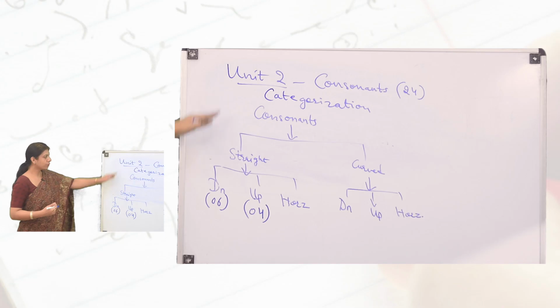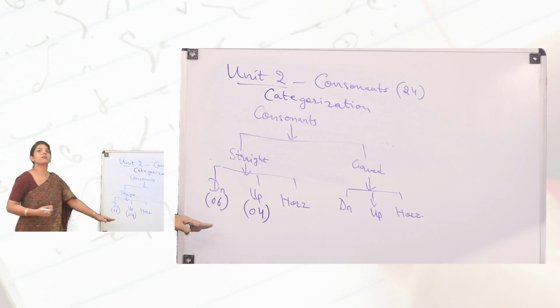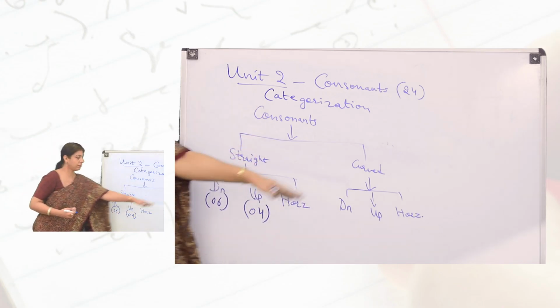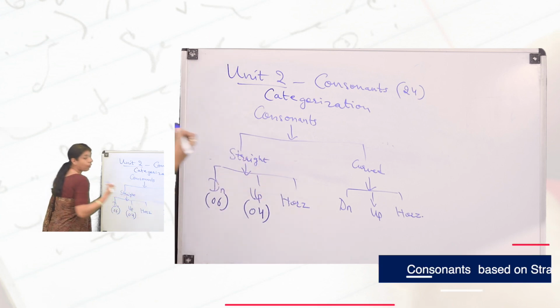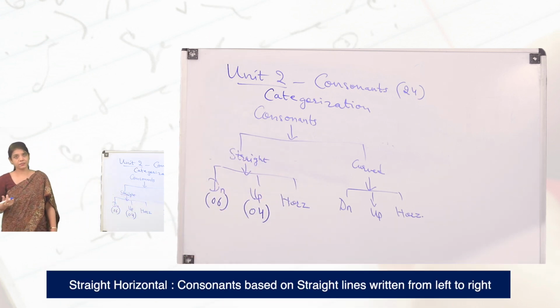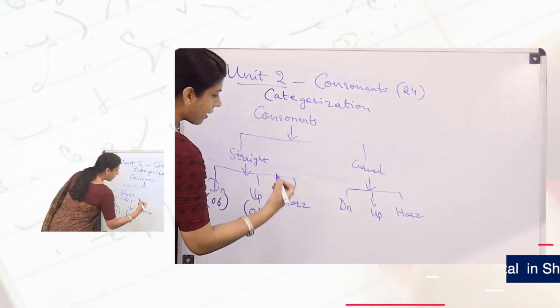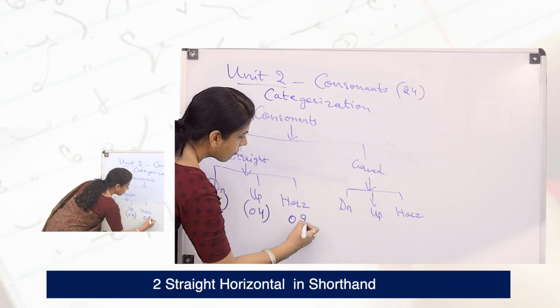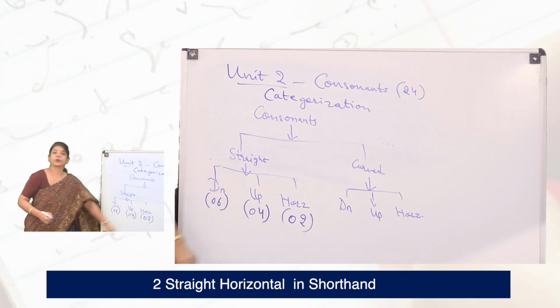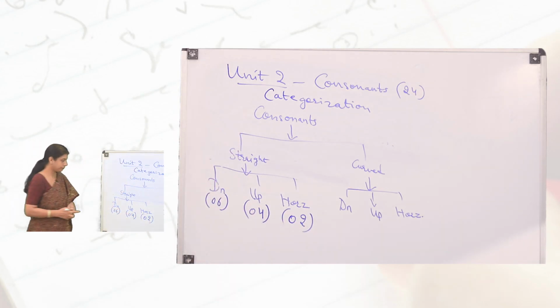I'm just telling you the number, how the 24 have been divided into 6 categories. Straight horizontals: the consonants based on straight lines written from left to right. We have 2 straight horizontals in shorthand.